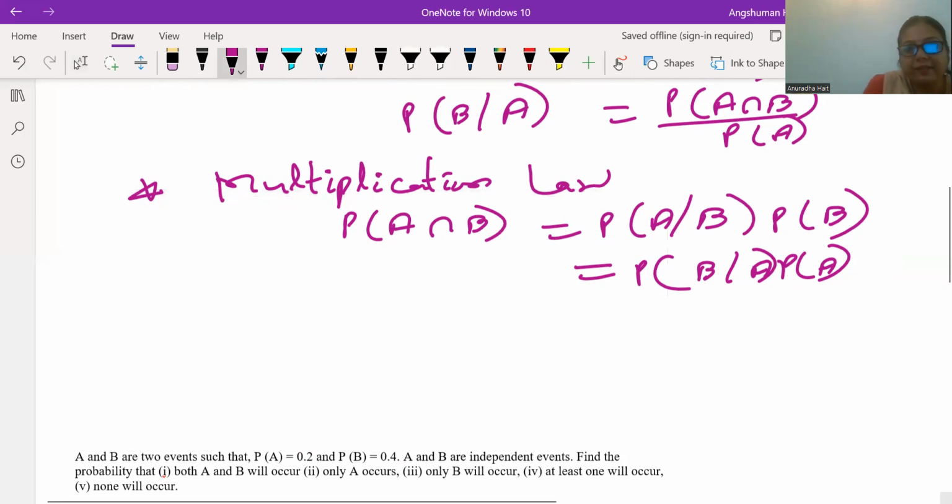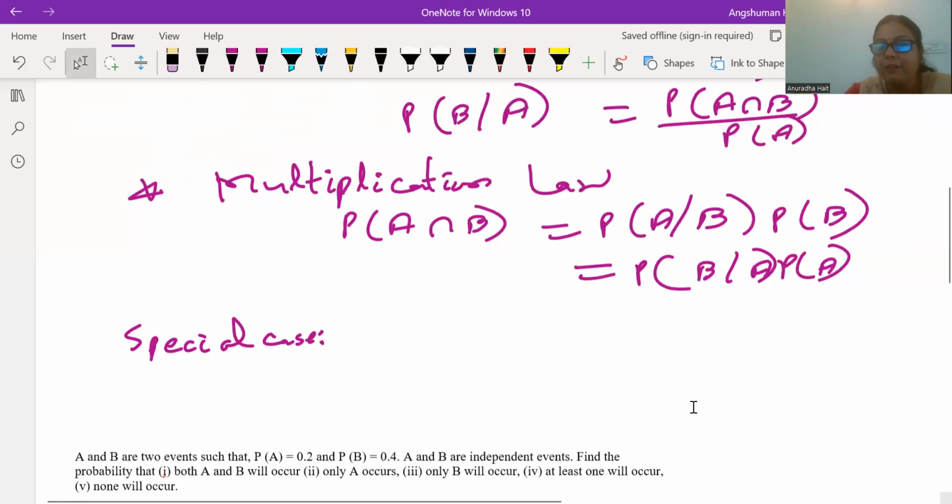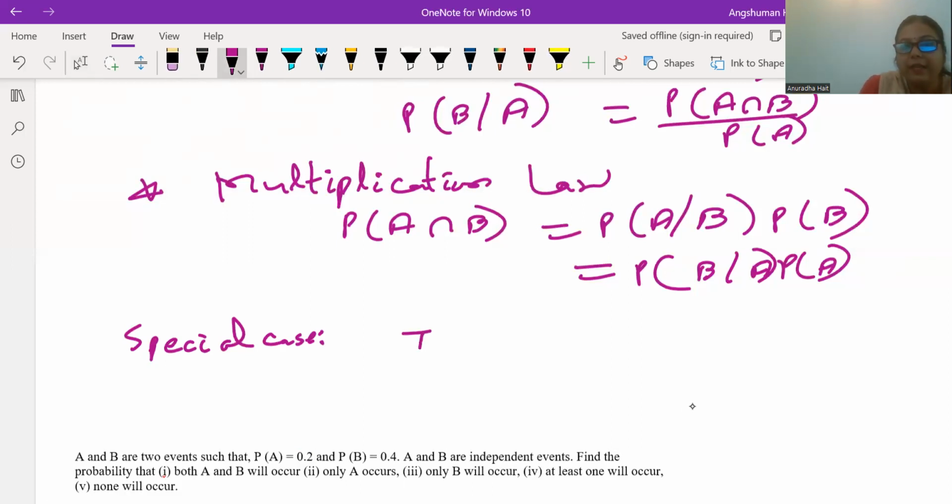Now, a special case we are considering here: suppose the events A and B are not depending upon each other. They are independent events.